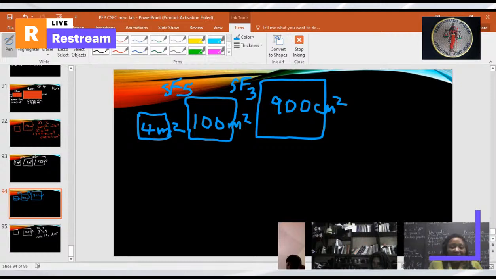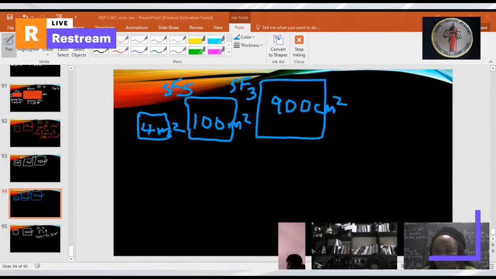So you understand scale factor and the relationship between scale factor and area? Yes, miss. Based on what we've done tonight, I think you understand now. And we only did the square and the rectangle.